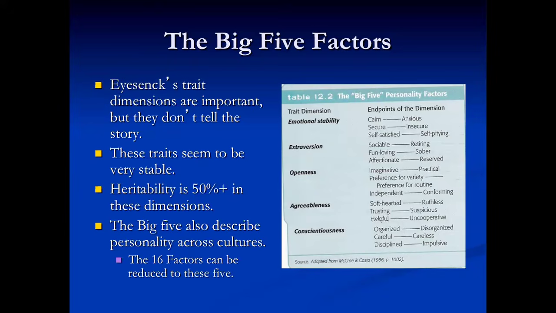So another approach was Costa and McCrae. What is openness? That is openness to experience, the willingness to try new things, right? Conscientiousness is about being consistent and reliable. Extroversion versus introversion is how sociable you are.